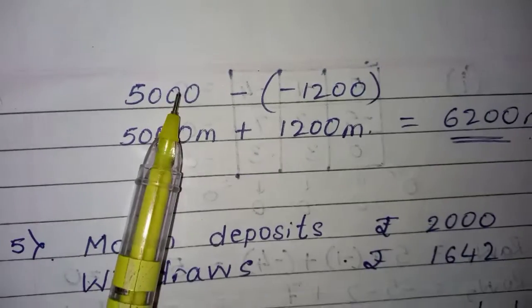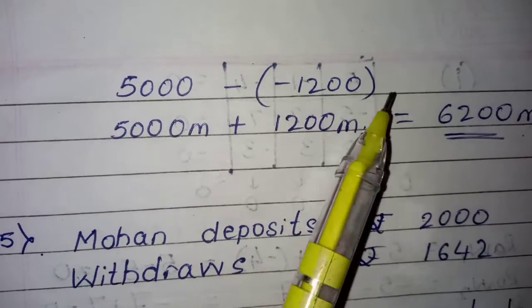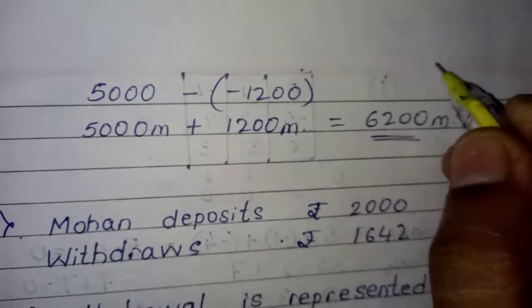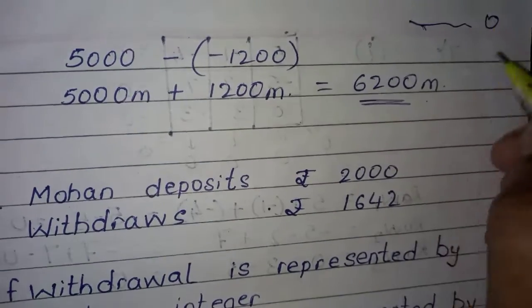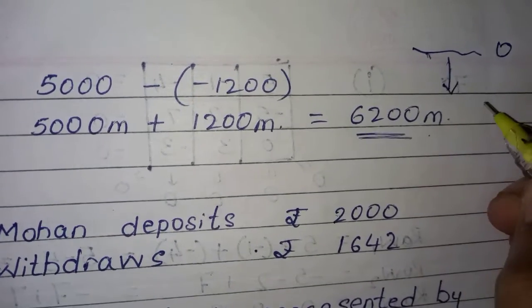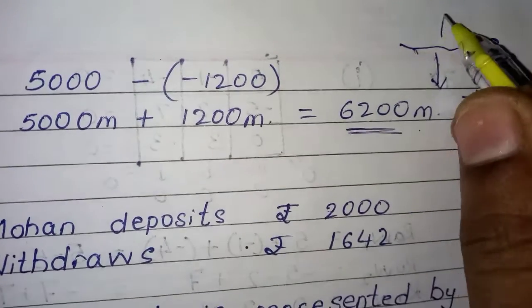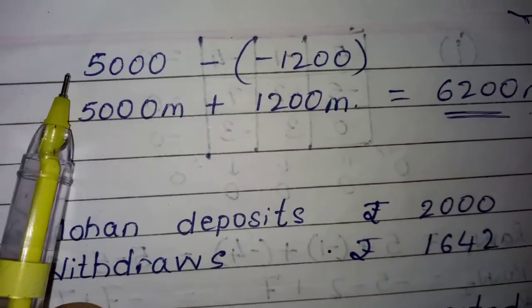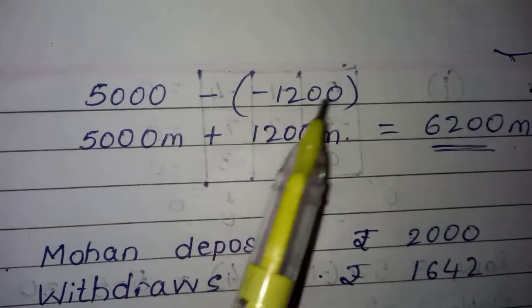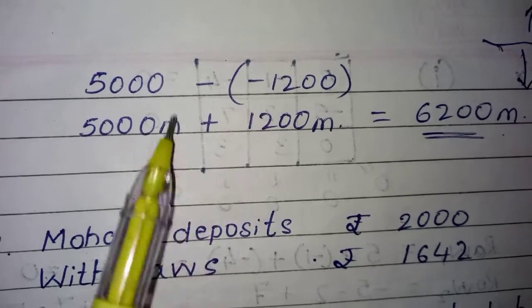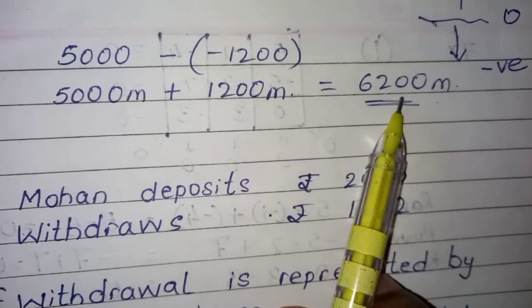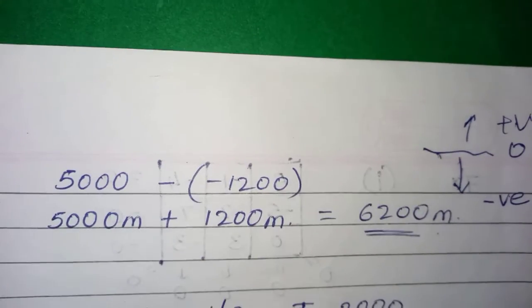So this gives me 5000 minus of minus 1200, because I treat sea level as 0, whatever is below that is a negative value and whatever is above that is a positive value. So 5000 is positive and 1200 is negative. When I put them together, I get 6200 meters. That is the distance between the plane and the submarine.